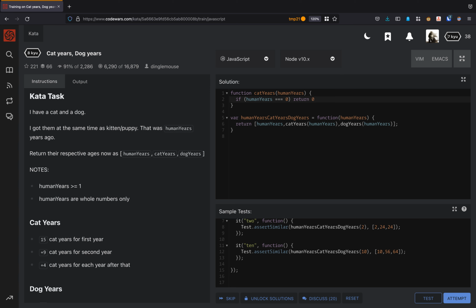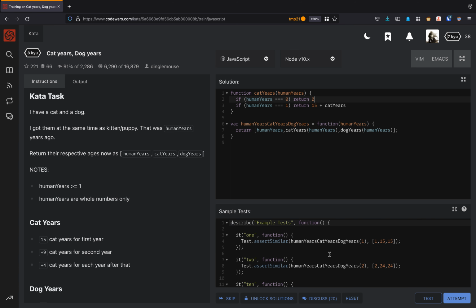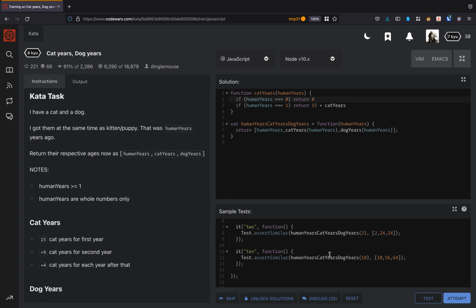So 0 human years will be 0 cat years. I don't know if we're going to implement the 0th case, but let's have that there just to be sure.